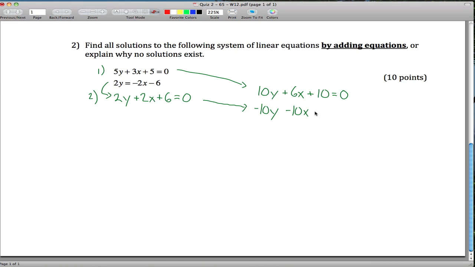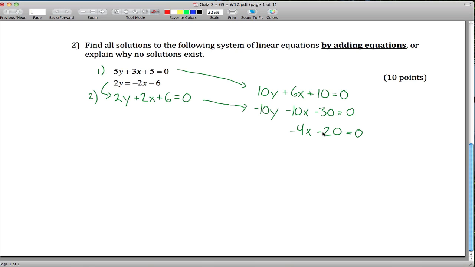And 6 times negative 5 is negative 30. Now if we add these equations, 10y plus negative 10y is 0. 6x plus negative 10x is negative 4x. And positive 10 plus negative 30 is negative 20.